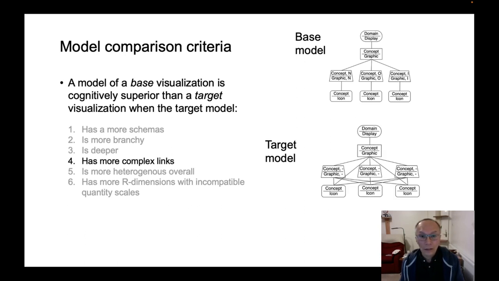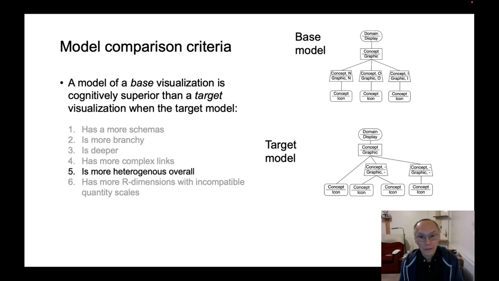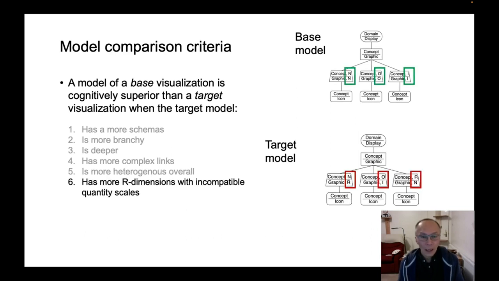The fourth criterion: when the target model has more complex links than the base model, the base is likely to be better. The fifth criterion: a target model which is more heterogeneous than the base model will likely mean that the base model will be better. And the sixth criterion concerns quantity scales and whether they are compatible between the concept and the graphic for each of the schemas.